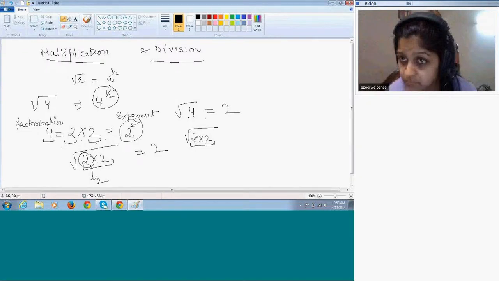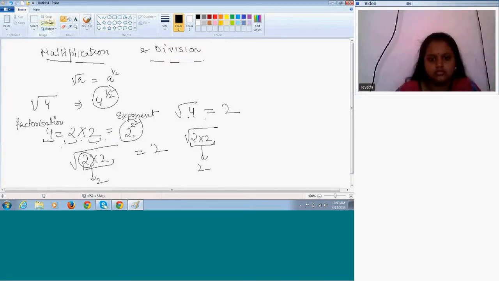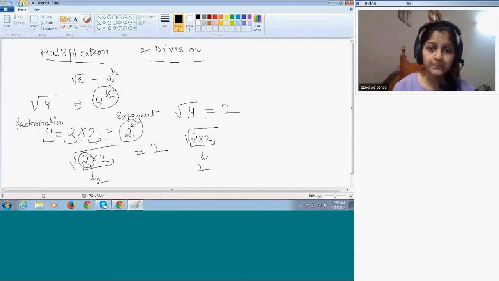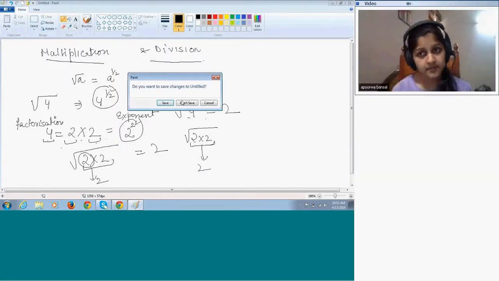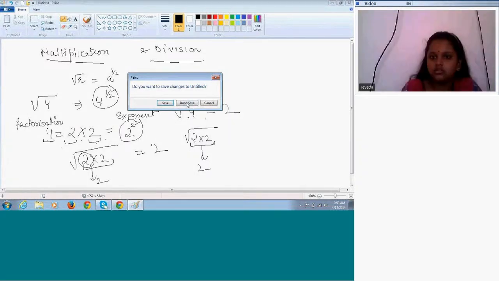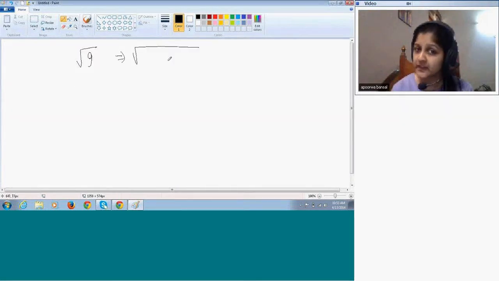If I say, how can we write root 9? This is in a pair, so then it will become 3.